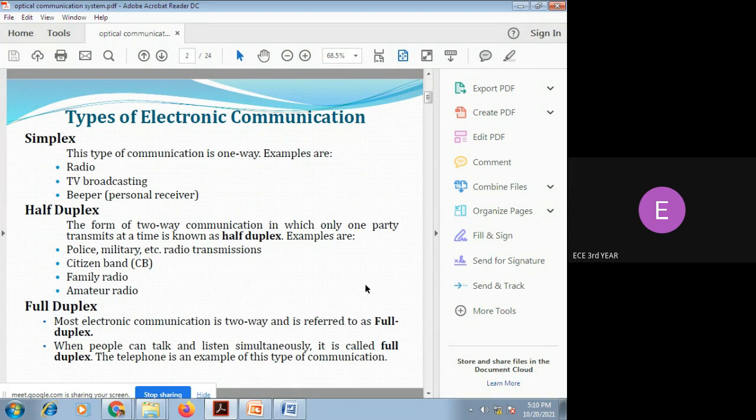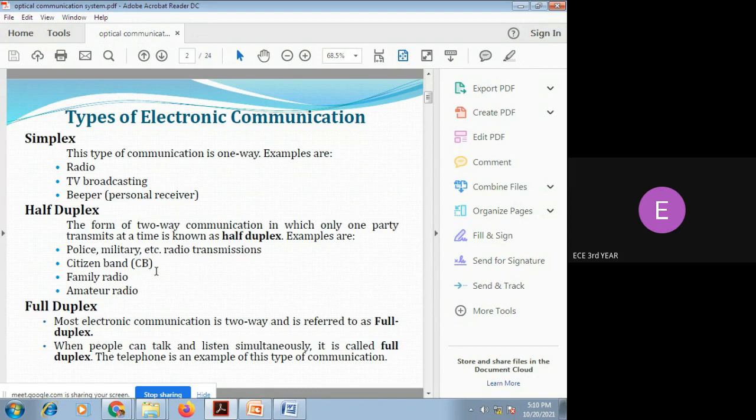Either one side will transmit the signal and the other side will receive the signal. It is called a half duplex system. Example, police walkie-talkie communication, and family radio. So these are examples of half duplex communication.